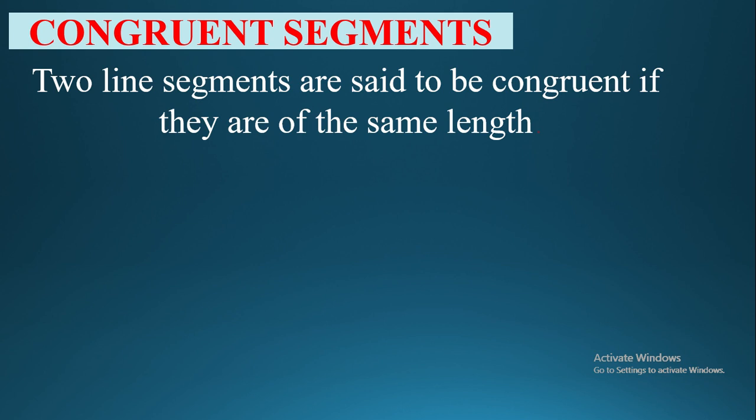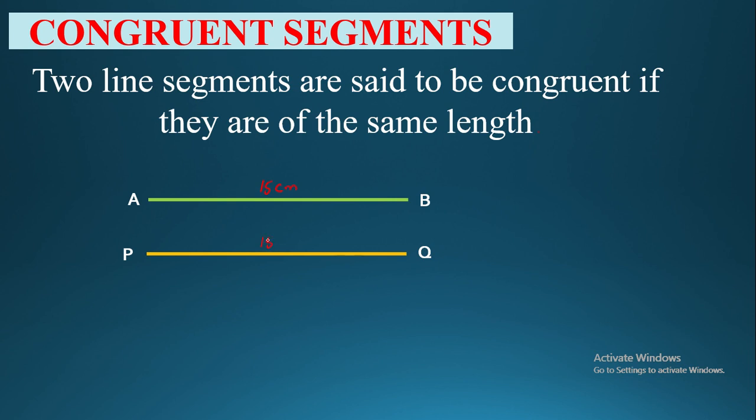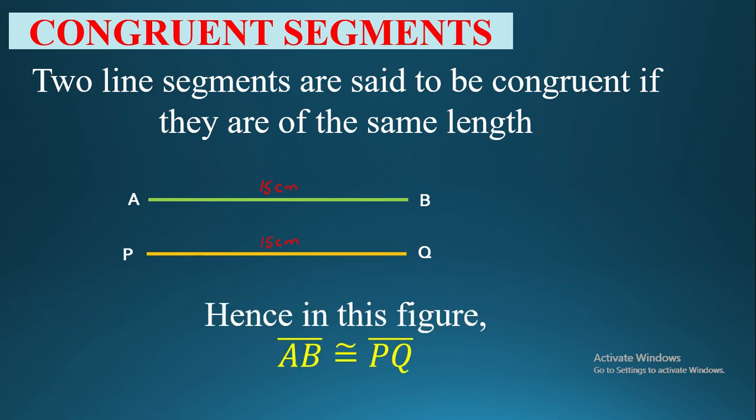So just like here, we have a line segment AB, and if we have another line segment PQ of the same length, for example, 15 centimeter, and PQ is also 15 centimeter, then the two line segments are equal to each other, or we can say they are congruent to each other. Hence, AB is congruent to PQ.